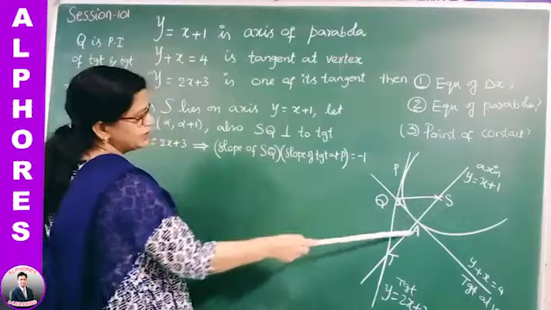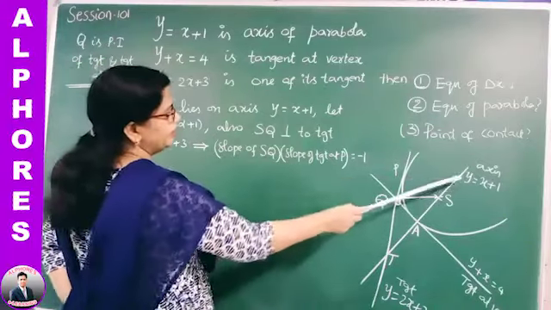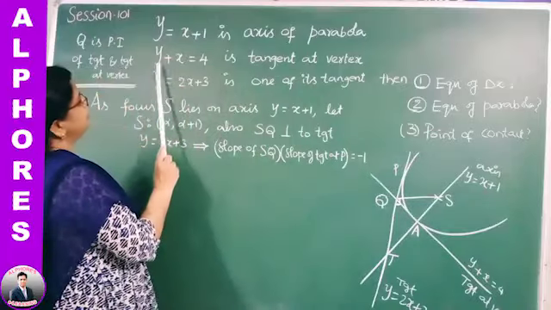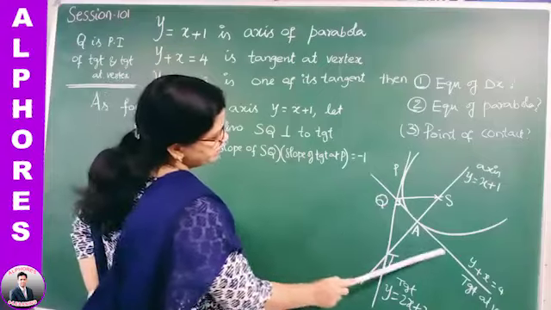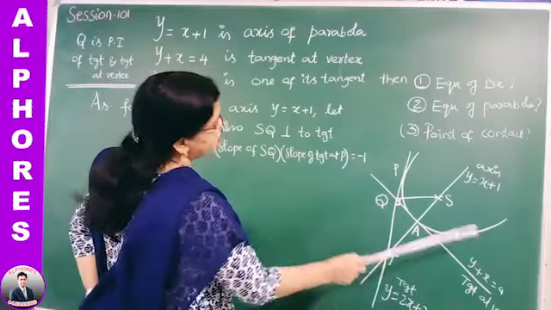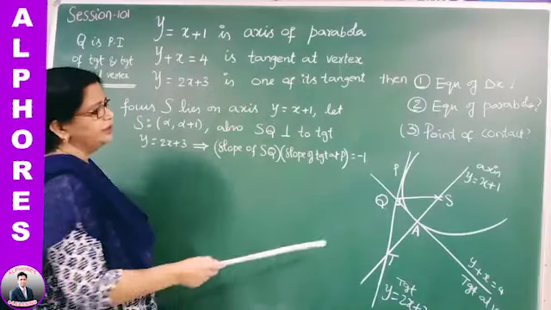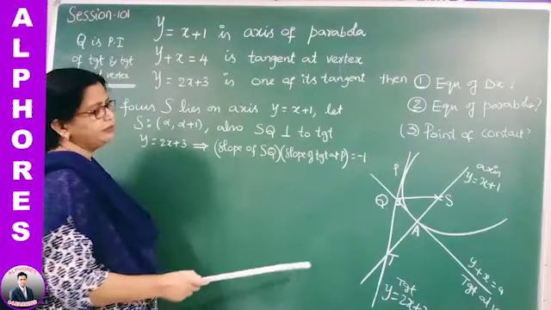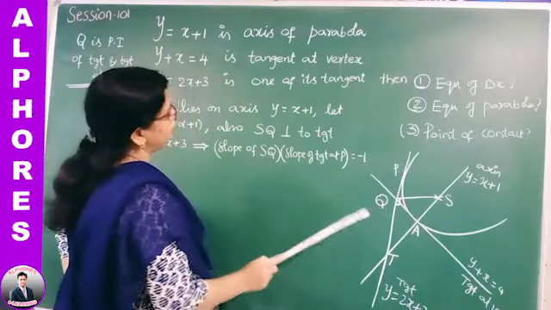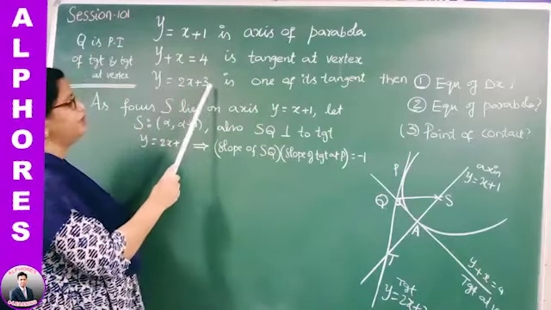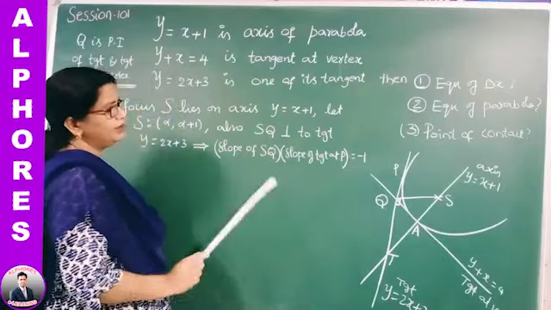This is the axis of the parabola, that is y = x + 1, and the next one, y + x = 4, is the tangent at the vertex, and y = 2x + 3 is one of its tangents. To a parabola many tangents can be drawn, so other than the tangent at the vertex, this is the tangent drawn to the parabola whose equation is given as y = 2x + 3, and this is the point of contact.